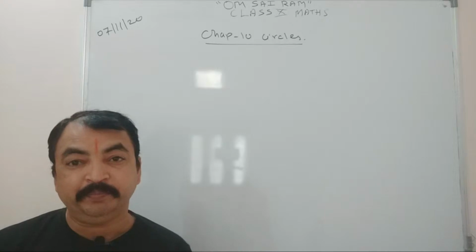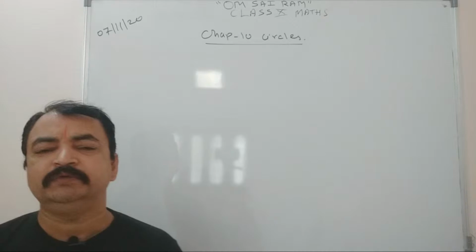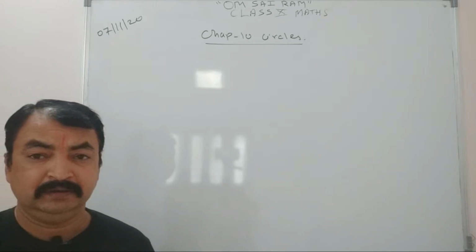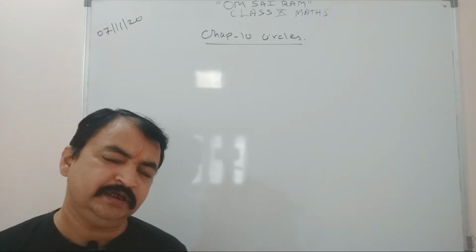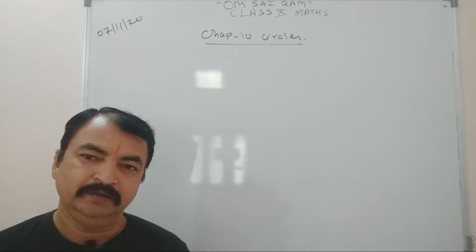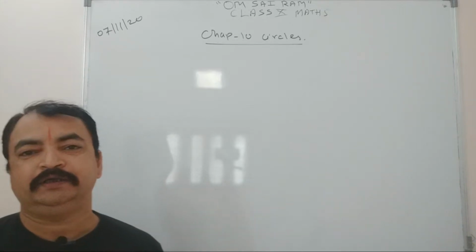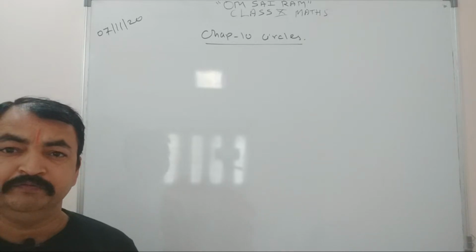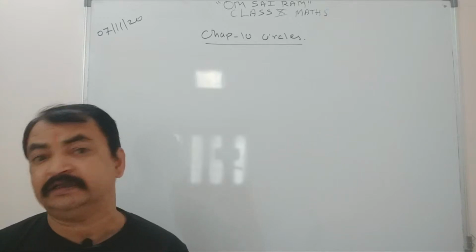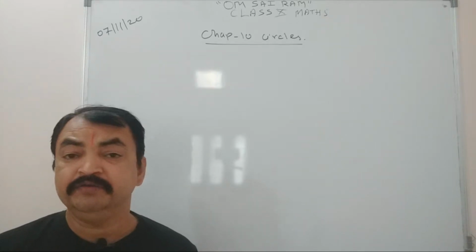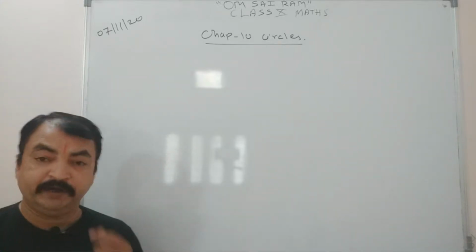Whatever number of points you take on XY except P, its distance from the center will be greater than the radius. That means it will be in the exterior part of the circle. So only point P, the contact point, is at the shortest distance from the center, right? This is the end point of the radius. Okay, so it is always perpendicular.